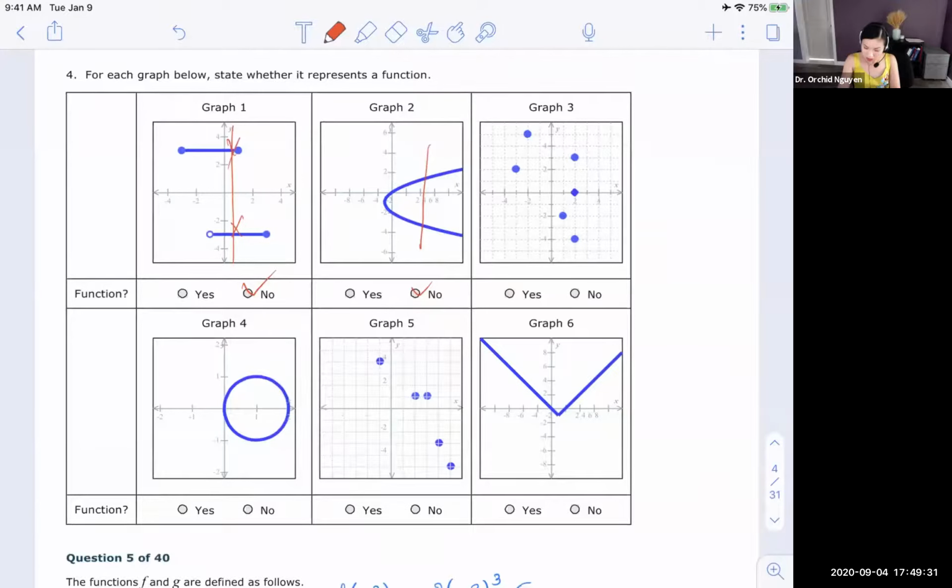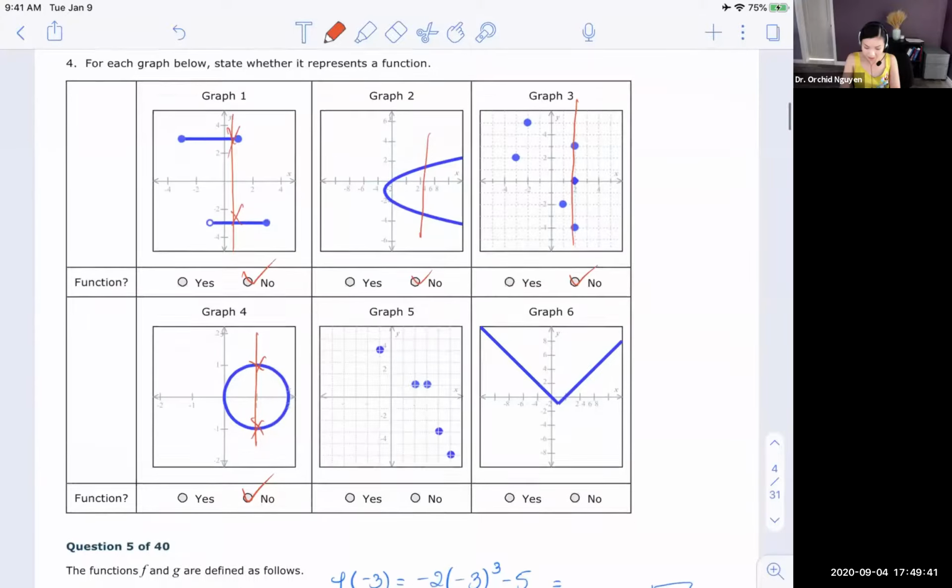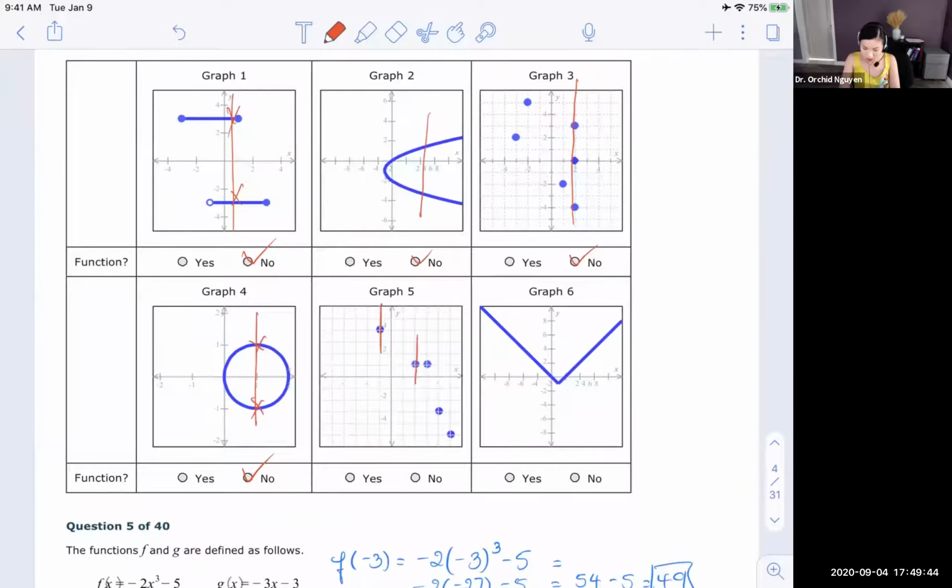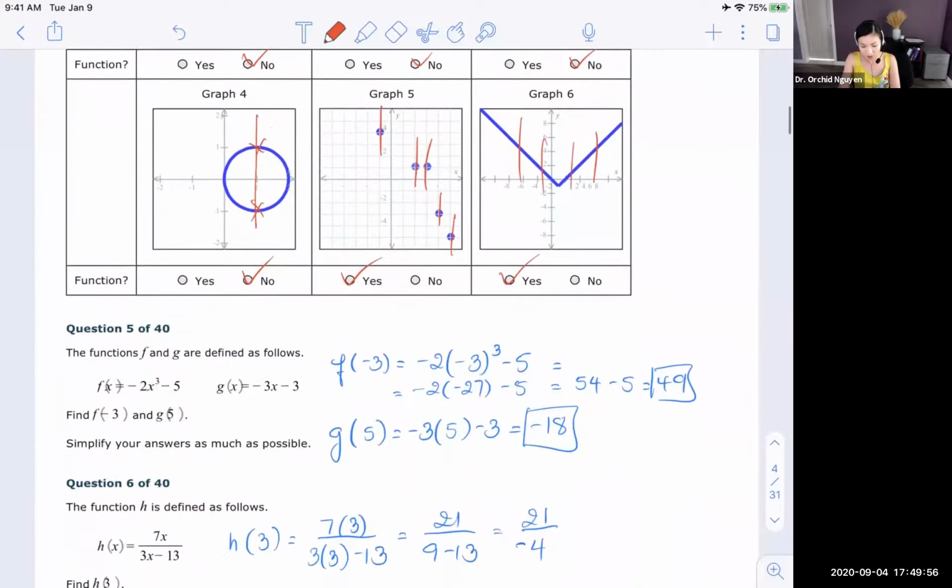Right here, I draw this one, not a function. This one, not a function because you have 2 here. For this one, I'm okay because no matter what, I hit exactly 1 point. So as long as you hit exactly 1 point, that's a function.